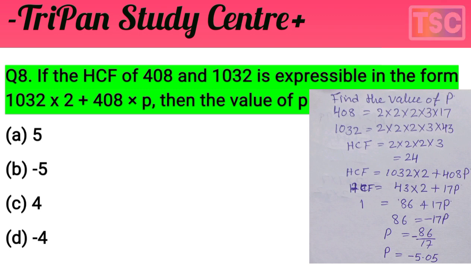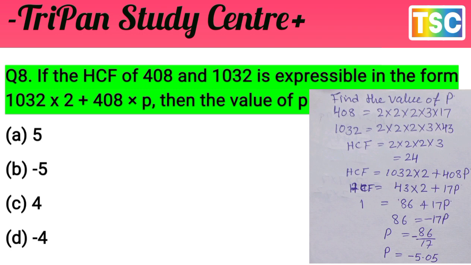The factorization is 2 into 2 into 2 into 3 into 17. Next, factorize 1032: 2 into 2 into 2 into 3 into 43 is the last here. And the HCF is coming here.